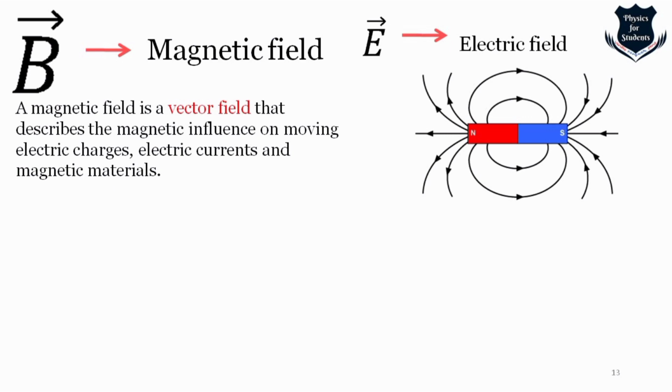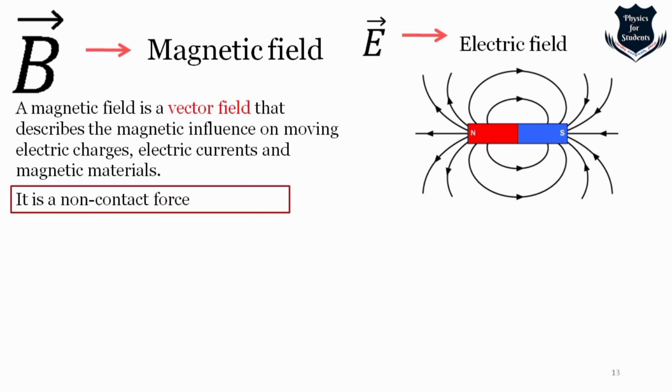A magnetic field is a vector field that describes the magnetic influence on moving electric charges and magnetic materials. Now, let us begin with two types of forces: contact forces, which we know, and non-contact forces.